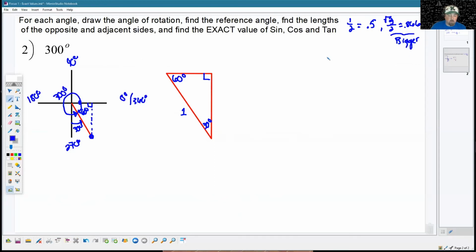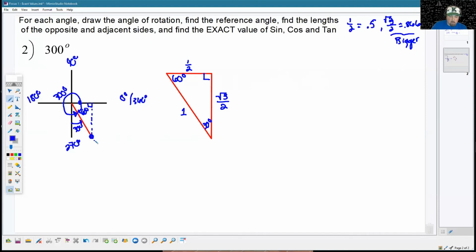So if you draw this setup close to scale, the longer side should have the root 3 over 2. The way I always remember this as well, whatever side is opposite the 60 has to be the bigger side. So that's going to be our root 3 over 2. The smaller side is what was on the top up here because it's opposite 30 degrees. It's going to be our 1/2.